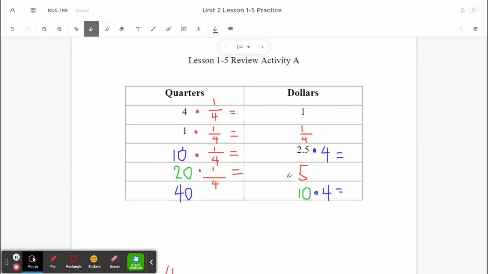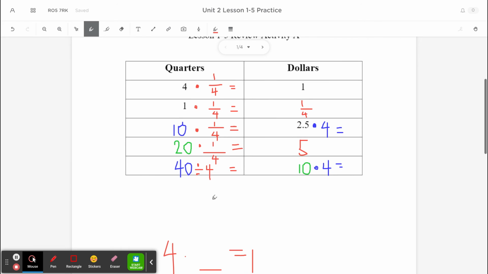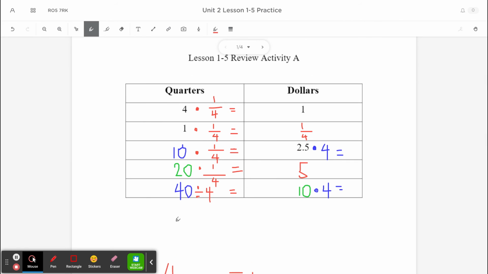Now, you might remember that a few lessons ago, we would have simply divided by 4 here instead of multiplying by 1/4, like this, 40 divided by 4. Dividing by 4 and multiplying by 1/4 are exactly the same thing.